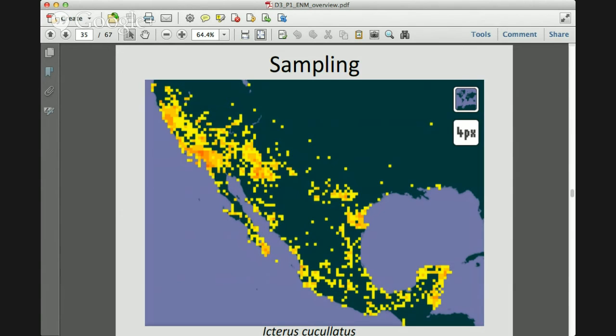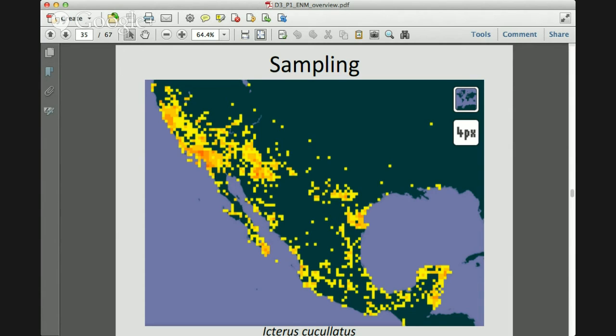We also need to take into account sampling. This is just to give you an example. This is a species of New World oriole that's in the southwestern US and in Mexico. And you can see lots more records up in the northwestern part of its range as compared to the southern part of its range. And that's all a consequence of there being more bird watchers that are reporting their data in the US as opposed to in Mexico.